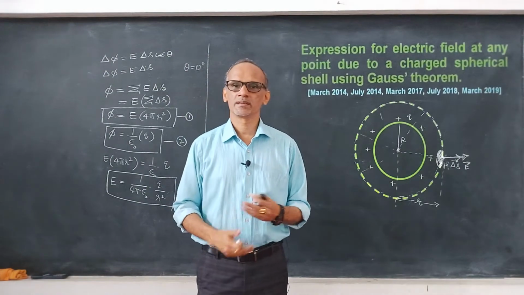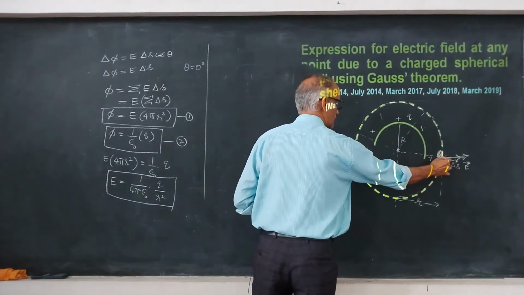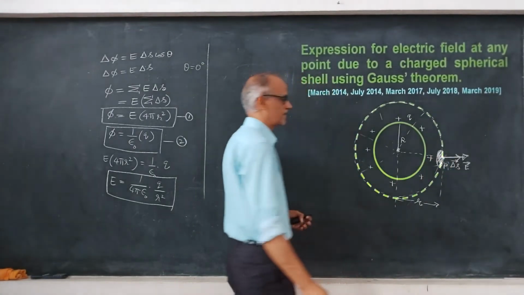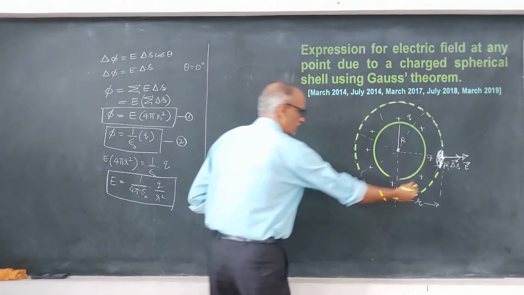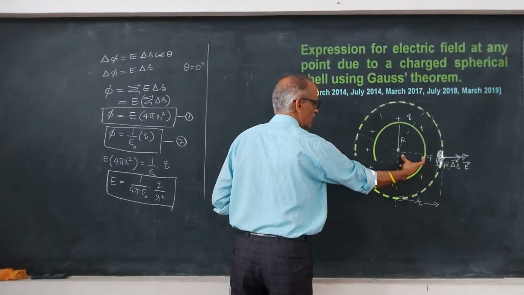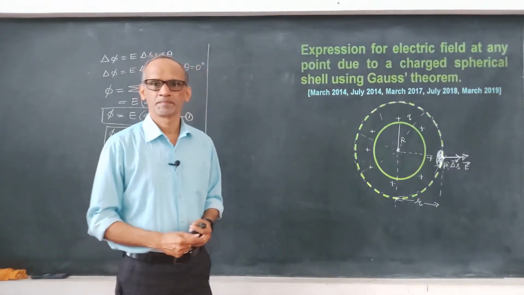I am going to consider the second case, that is, I am going to shift the point P, instead of well outside, to very close to the sphere. When you shift the point very close to the sphere, then the value of r becomes almost equal to the radius of the sphere, isn't it?